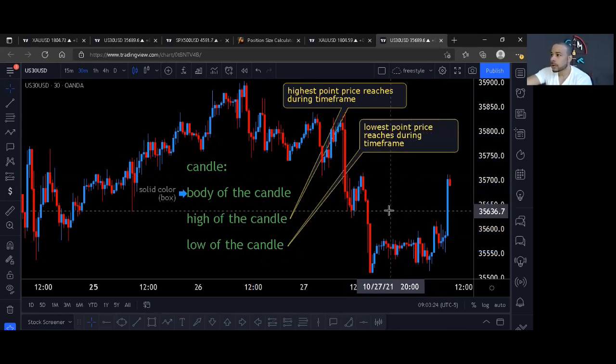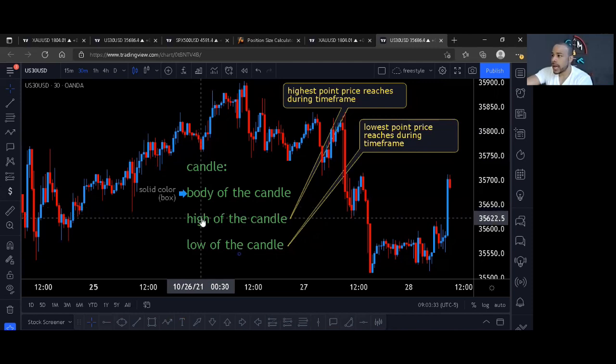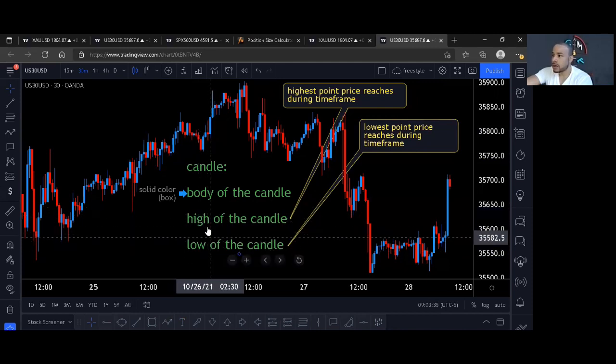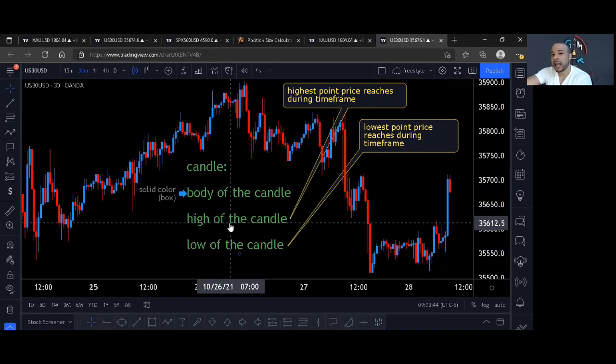Okay, so now that we got that out of the way about the candle itself, let's look at what else the high and the low will create. When you have the body of the candle, the top of the body to the high of the candle will create your wick, your top side wick.